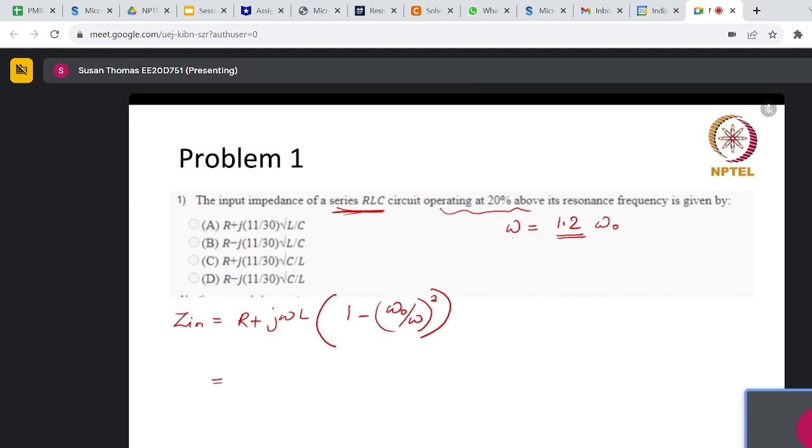So R plus j omega, which is 1.2 omega naught, L, and 1 minus omega naught by omega will be 1 by 1.2 square.